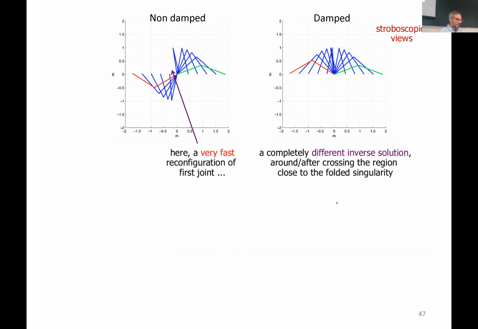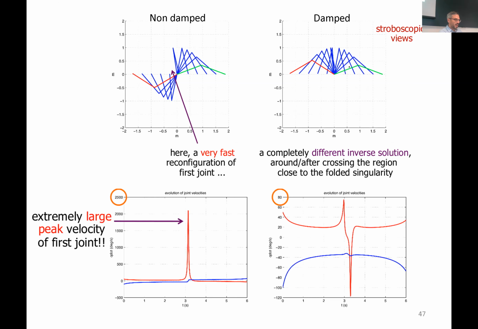While in the non-damped case, we have a very fast reconfiguration of the first joint, while in the damped case, we have a completely different solution close to the singularity. That is better behaved, because in this case we have a very high peak velocity at the first joint, while here the velocity peak is reduced to only 80 degrees per second.